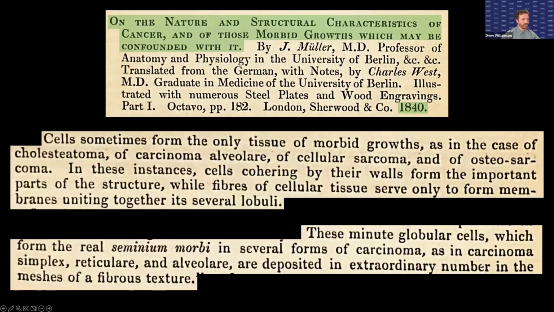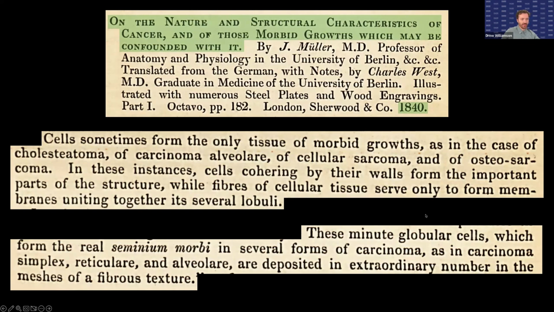But nonetheless, you have some interesting histologic features that Dr. Müller describes. Cells he recognized form the basis of cancer. And there are some interesting descriptions that aren't using maybe the jargon of pathology that pathologists expect in 2024, but nonetheless sort of describe what he's seeing there.